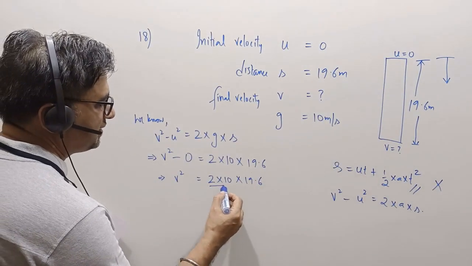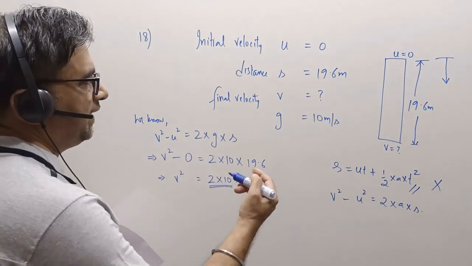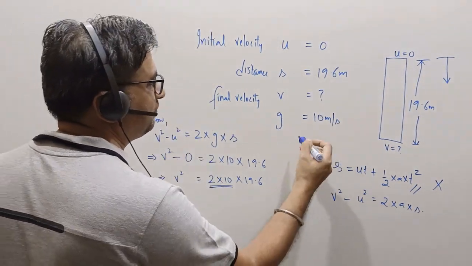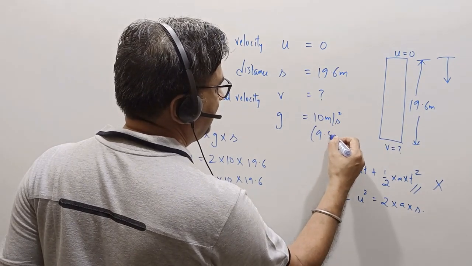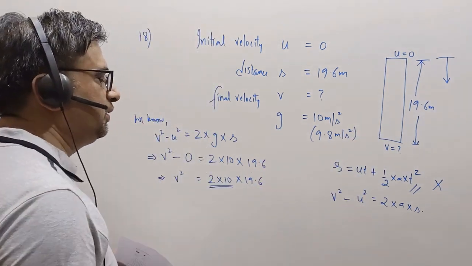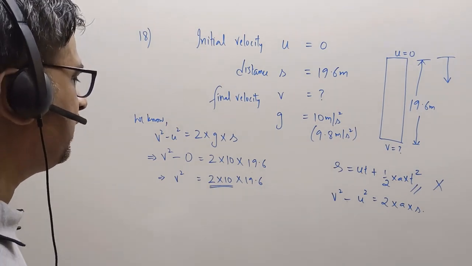Over here, it is actually a mistake, I would say, in the question, that they have given 10 meter per second square as the value. If it had been 9.8 meter per second square, we could have found this as a value which would have been a perfect square.